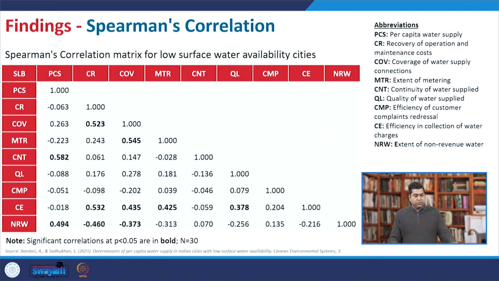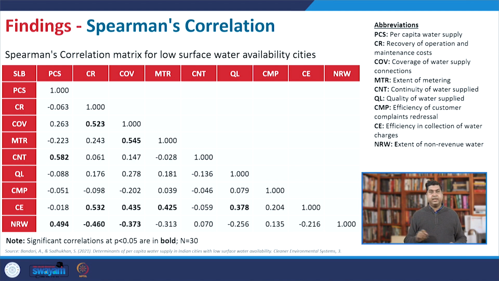Now coming to the results straight away. There are a few other results also reported in the paper, but here I am just taking some of the important findings for demonstration purposes.